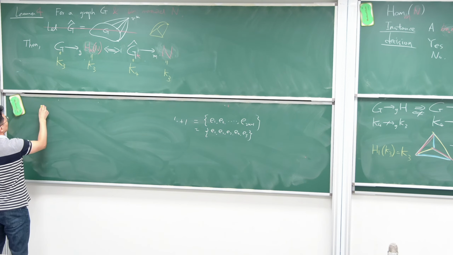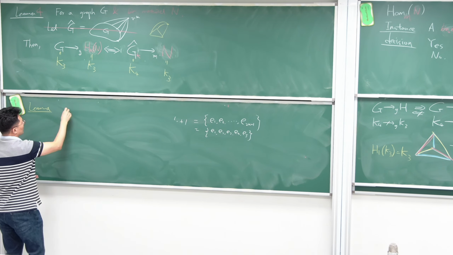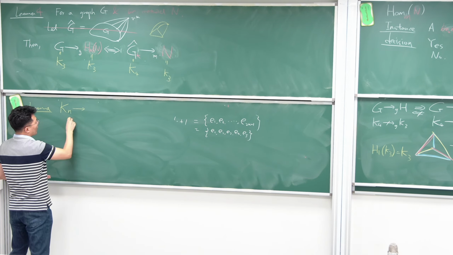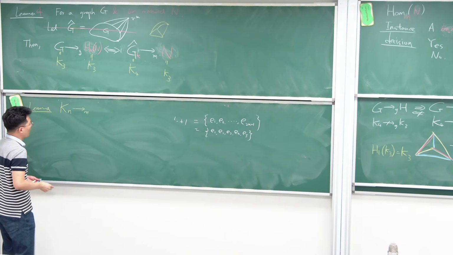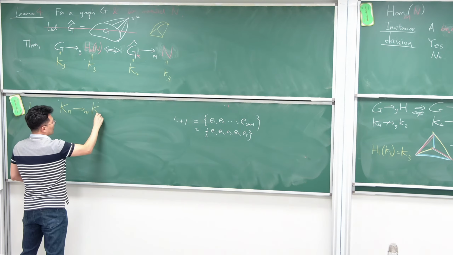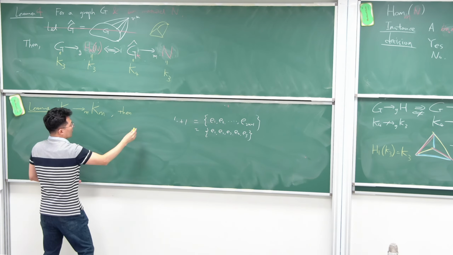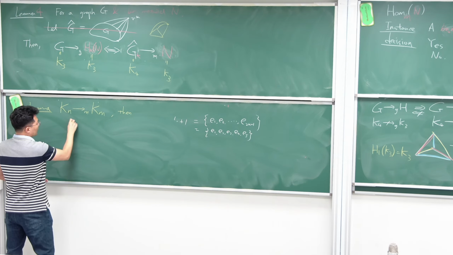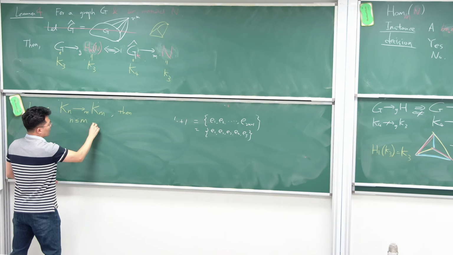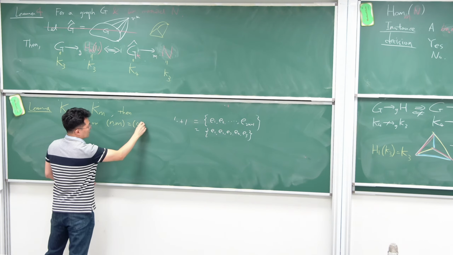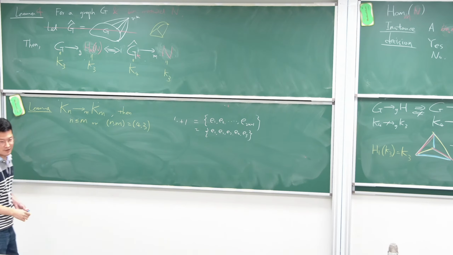Actually, we proved that if there is a matroid homomorphism from K_n to K_m, then either n is at most m or it's that example.